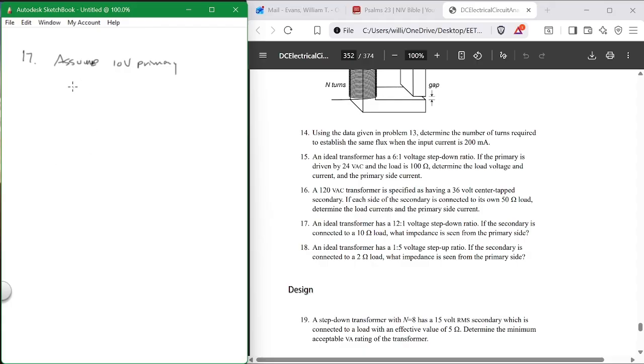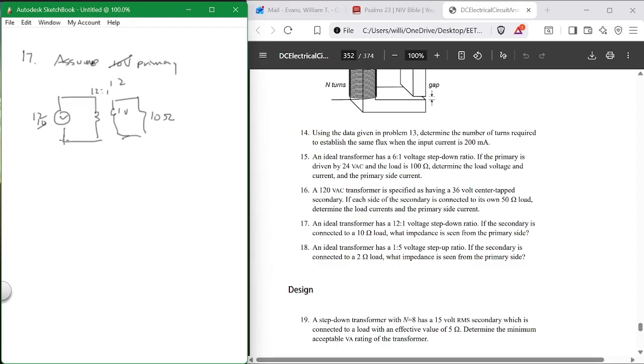10 volts in the primary, and see what that gives you. Or, let's make it really easy, make it 12 volts. I've got a 12 to 1, and so what would be over here? It'd be 1 volt. And if the secondary is connected to a 10 ohm load, so over here I've got 1 volt, 10 ohms.